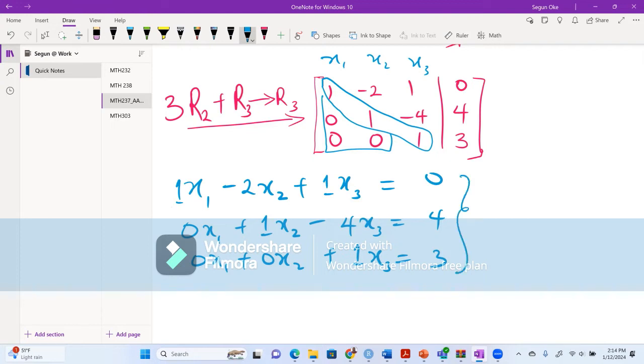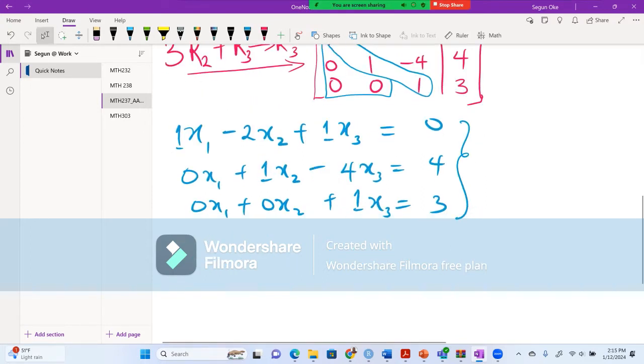So this is what we have. Then we need the values for x1, s2, and s3. How do we get them? It is simple. All we need to do is start from the reduced one.